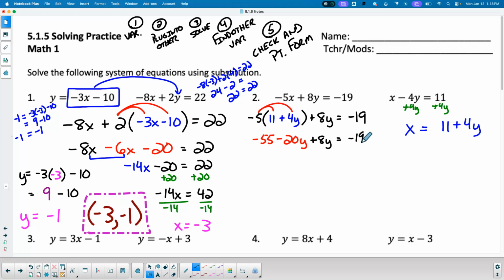So then that's going to be combining some like terms. Then this is going to be negative 55 minus 12y equals negative 19. Then I'm going to add 55.